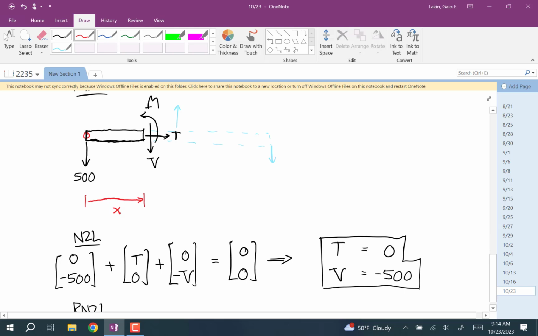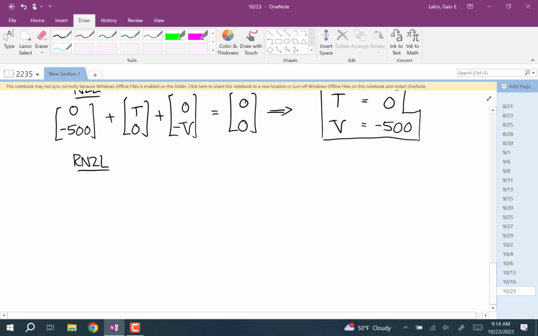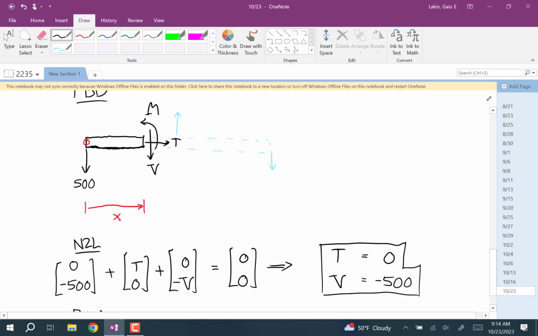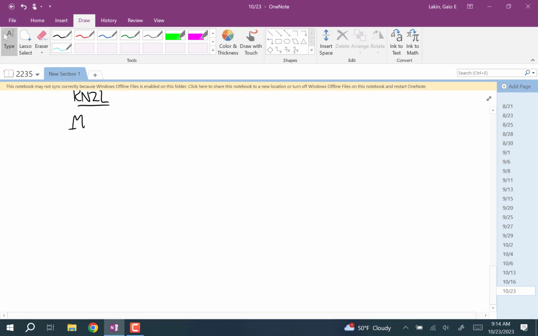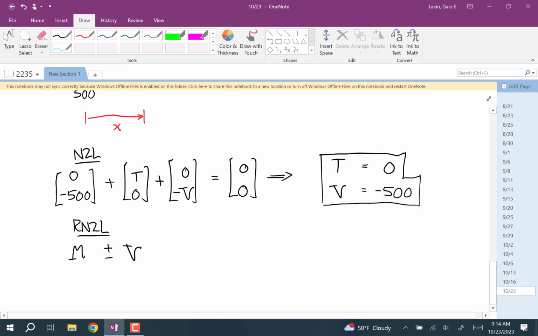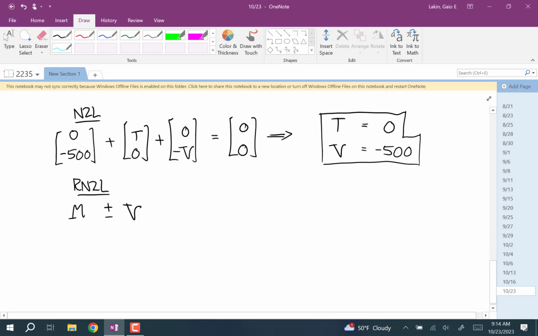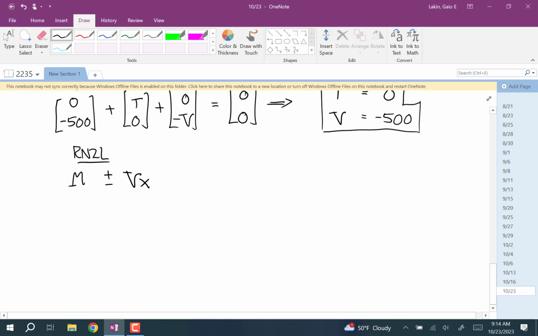No. M is just a couple, so we have M. Then what's the moment produced by that shear force V? This is the one place where this X comes into play. So notice that we have plus or minus a force of V times a moment arm of X. Okay?